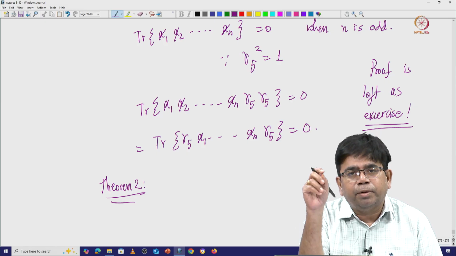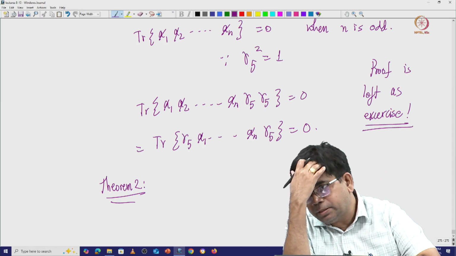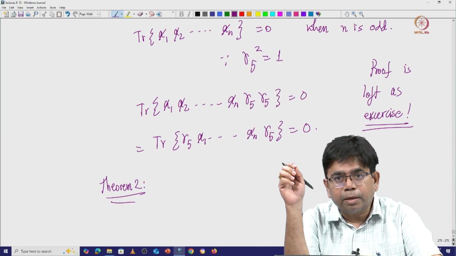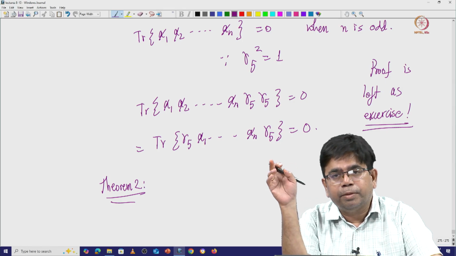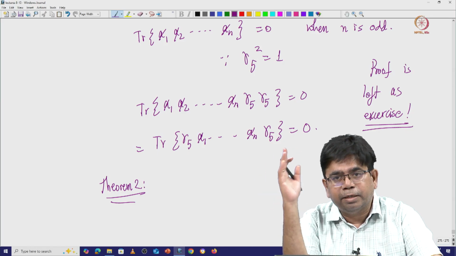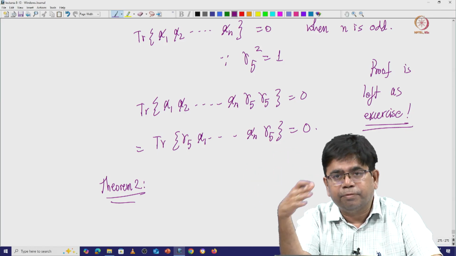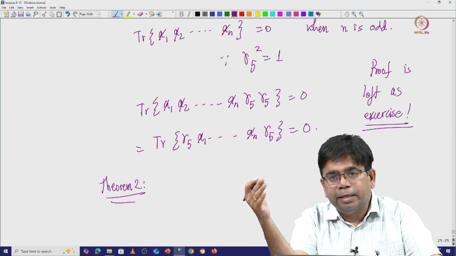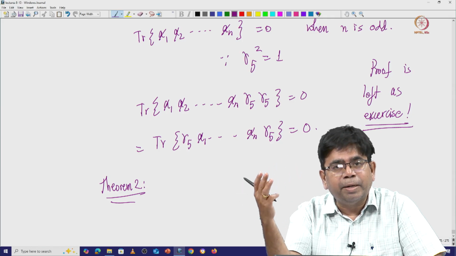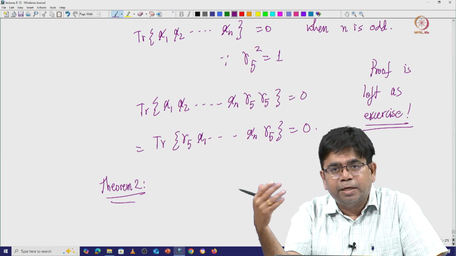The starting point of the proof of any of the trace theorems is the anti-commutator between gamma mu and gamma nu, which is 2 times eta mu nu. You start with that, take the trace of it, and that gives you 4 and so on. You can take an odd number of gamma matrices and use the anti-commutators between them. If you take 3 gamma matrices, the trace of that immediately goes to 0.